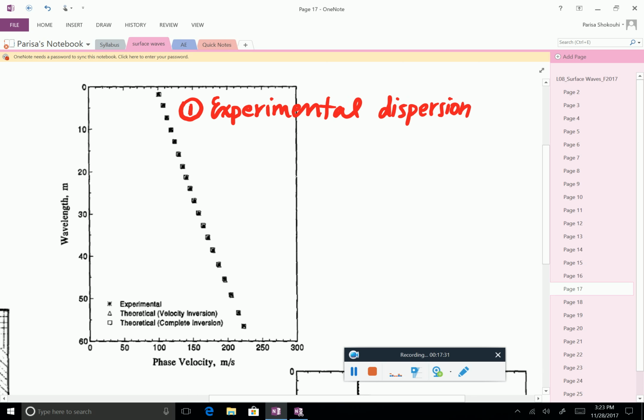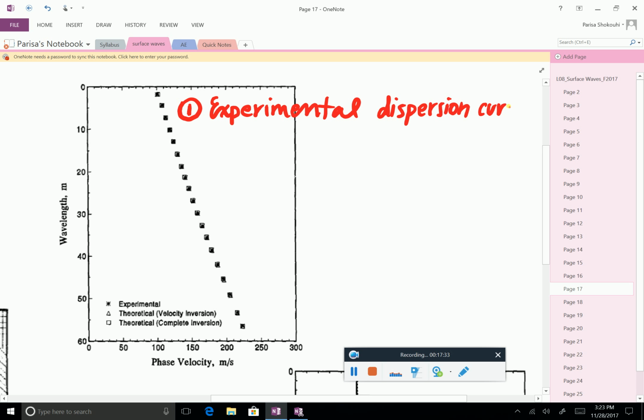And pay attention that before we were always looking at velocity as a function of frequency. In surface wave testing, it's very common to use wavelengths because wavelength is very much related to depth. So it's more common this way, and it's the same.